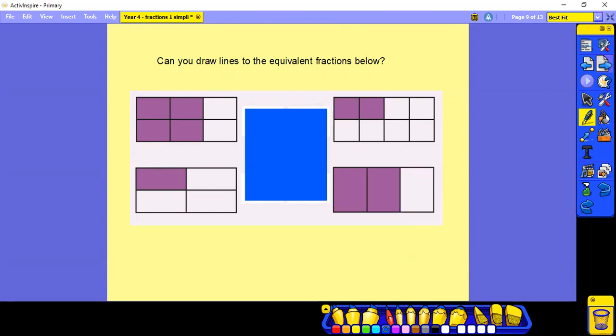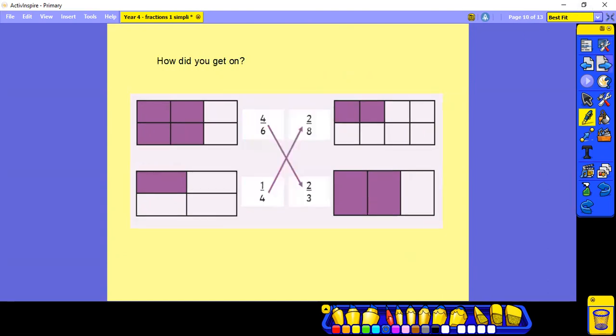So can you draw lines to the equivalent fractions below? Pause whilst you have a try. How did you do? So let's have a look. So this one was 4/6, this one was 2/8, this one was 1/4, and this one was 2/3. So this one and this one were the same, and the quarter and the 2/8 were the same.